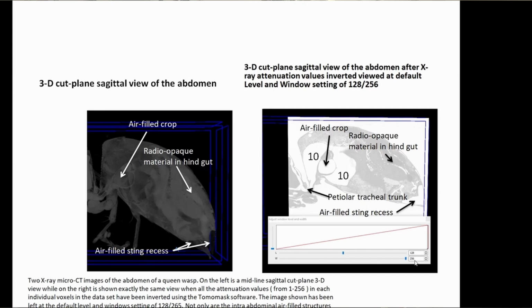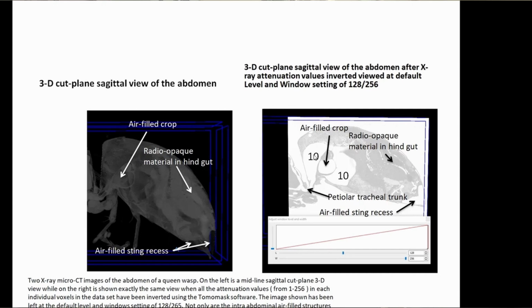And just by looking at the default value, you can already see these large abdominal sacs. The 10 written on them is just because that's the nomenclature that Snodgrass uses in his honeybee papers.